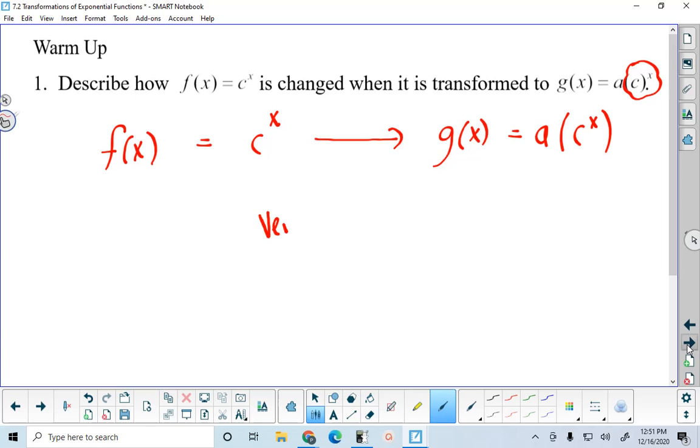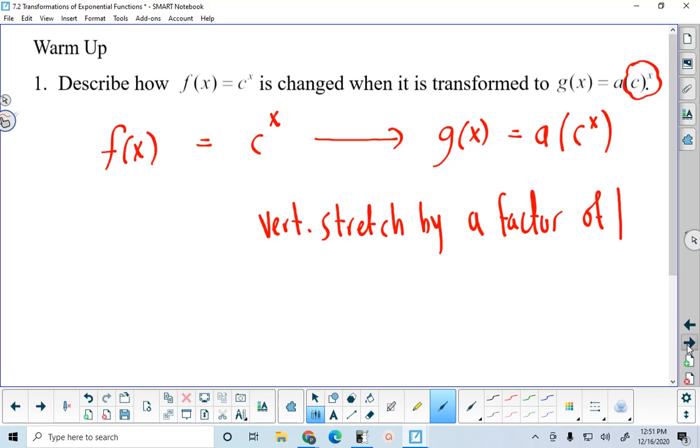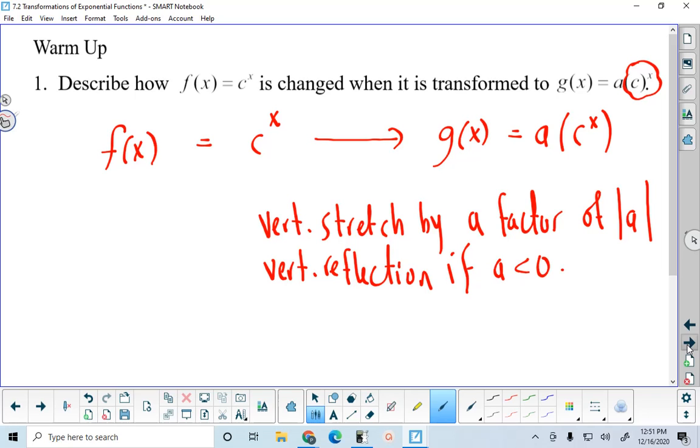We have a vertical stretch by a factor of the absolute value of a. There is also a vertical reflection if a is negative.